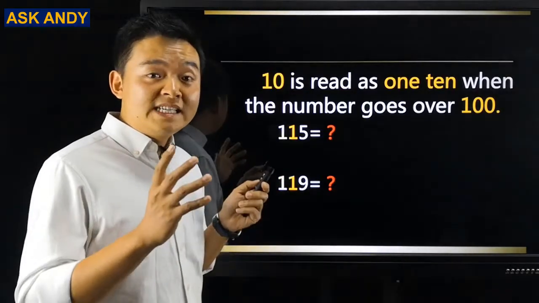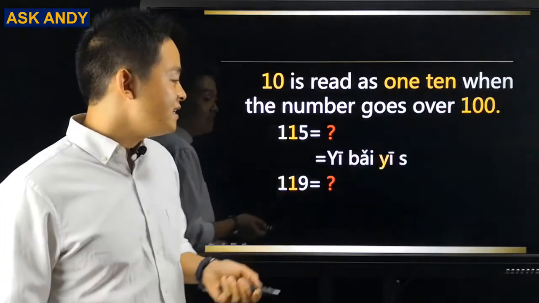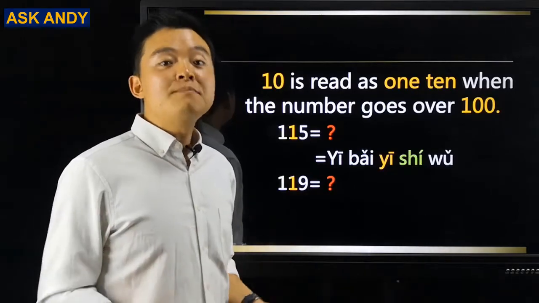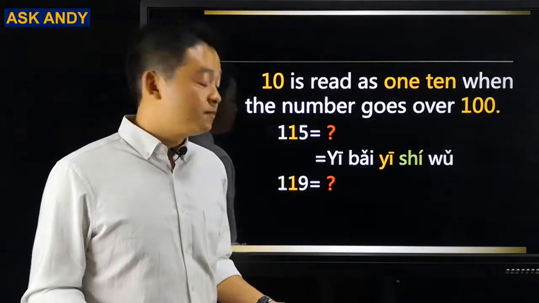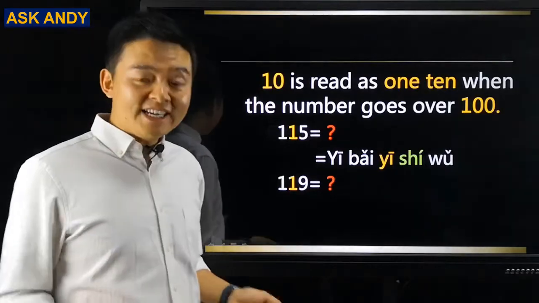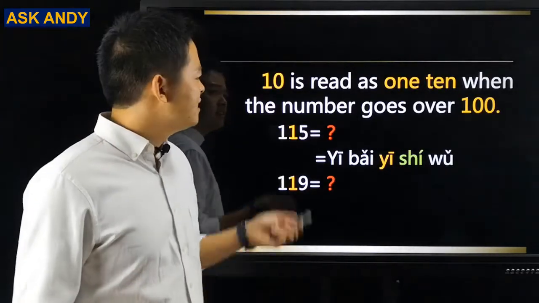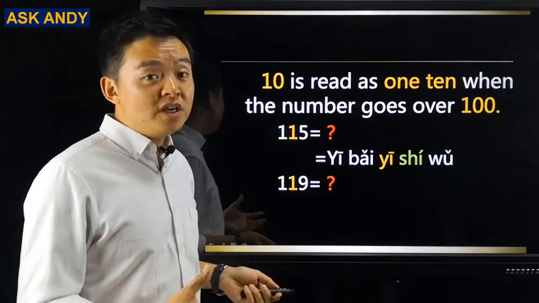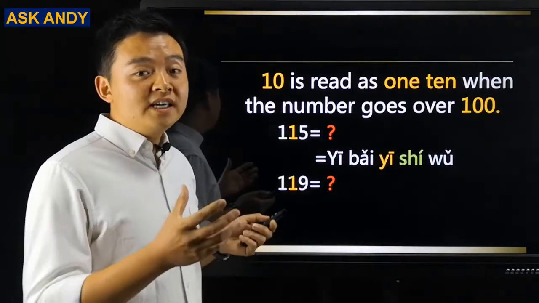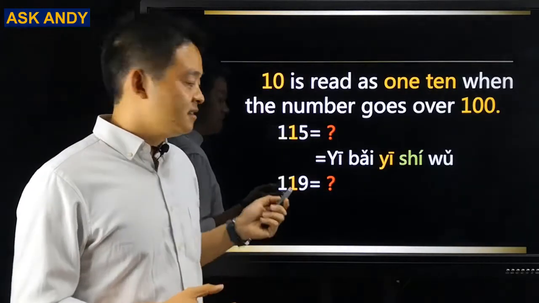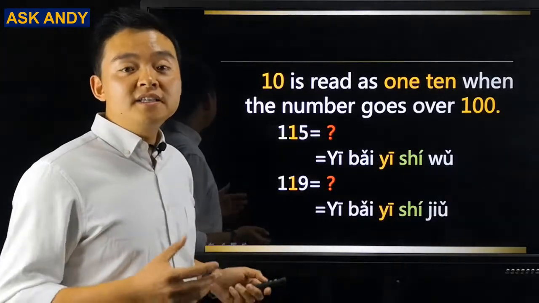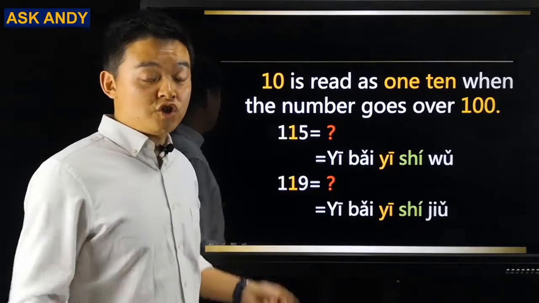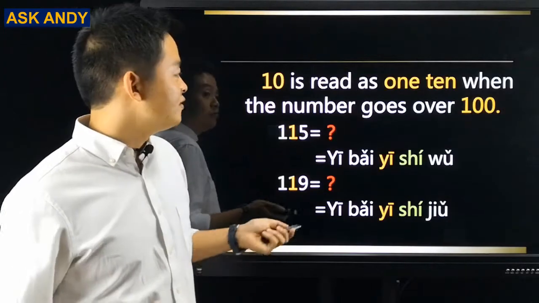So that is 115. And then what about 119? The same. Think about it. 10 is read as 110 when the number goes over 100. So it would be 100, 110, 9. That is 119.